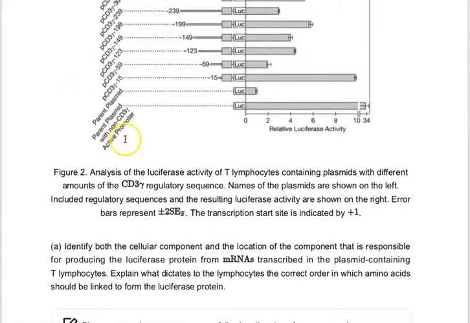But when you include a plasmid that does not have the regulatory sequence, the CD3, you expect the luciferase activity to be extremely high, because the other sequences contain negative regulatory sequences, and they inhibit, to some extent, the luciferase activity.